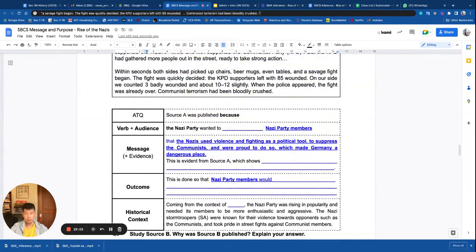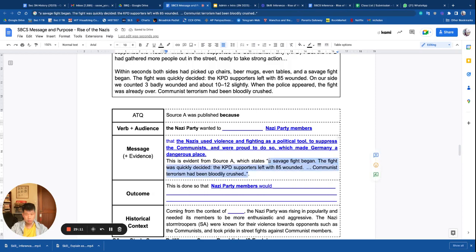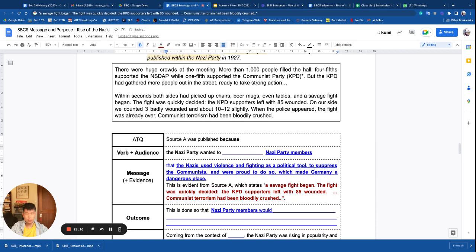I'm going to change this a little bit. I think the emphasis for the Nazis here is that the Nazis successfully suppressed the communists.